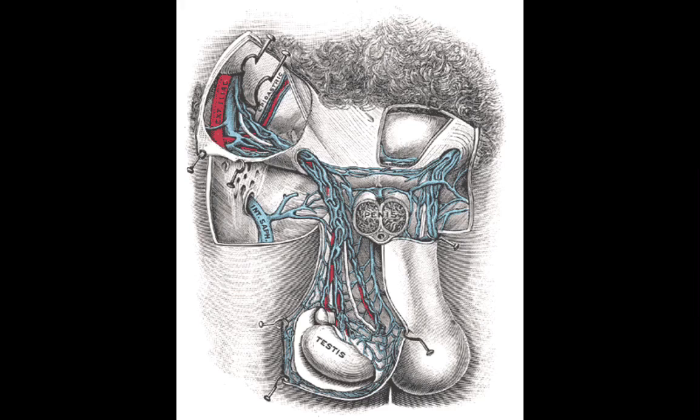Now, at the deep inguinal ring, these 4 veins further join to form 2 veins. And finally, a single vein is formed in the posterior abdominal wall, one on the right and one on the left: the testicular veins.